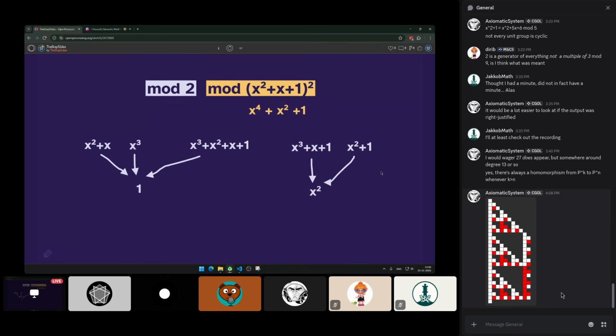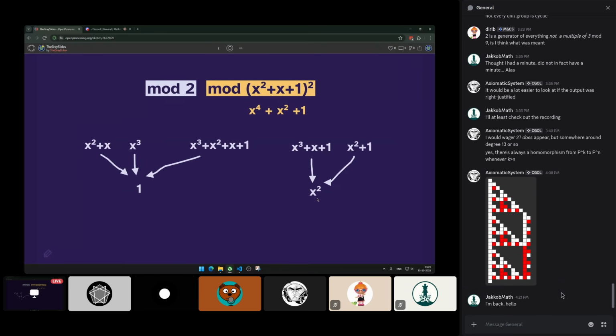And so to get the orders of these, this process just reduces it down to that initial field, like the order 3 field.